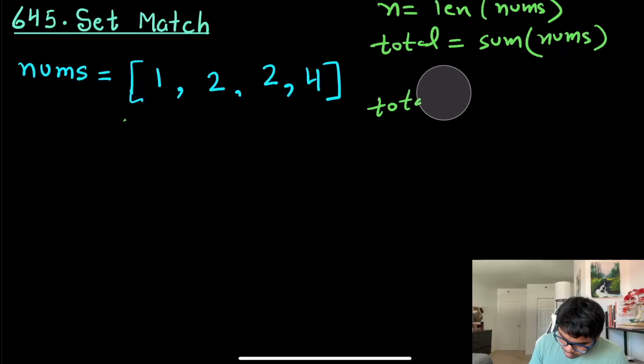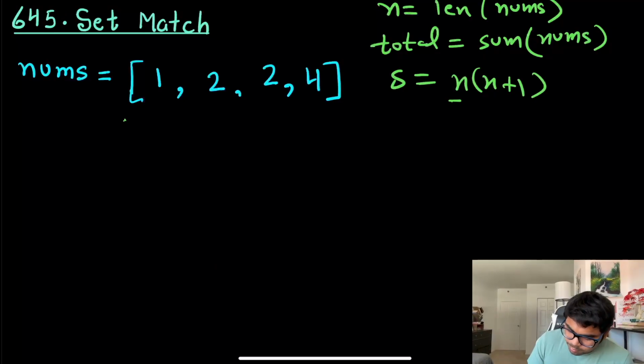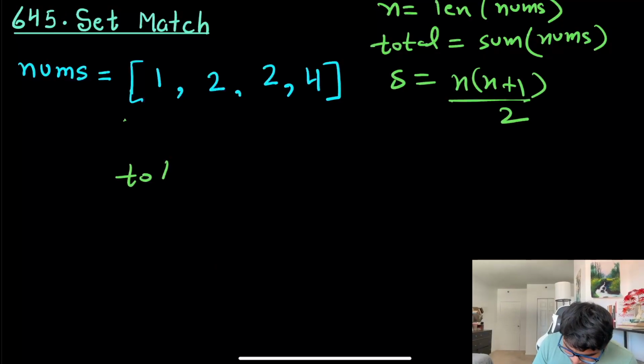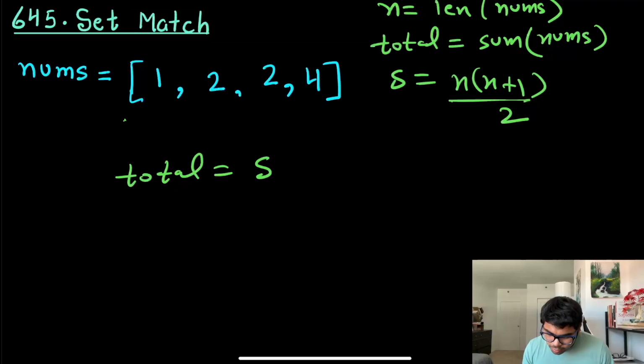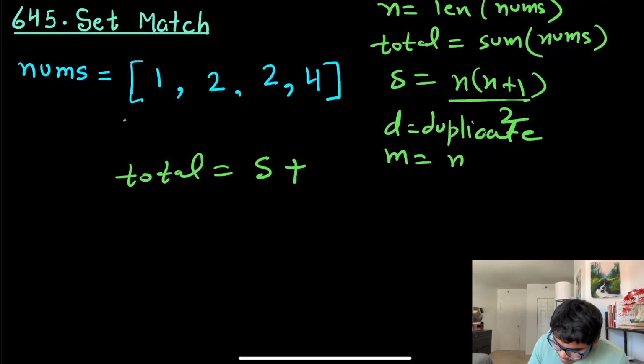So s is equal to n into n plus 1 by 2. Now tell me, this total that I have was supposed to be this s, but what's happened is we have added one extra. Let's say d is the duplicate. We have added a duplicate, and then m is missing.